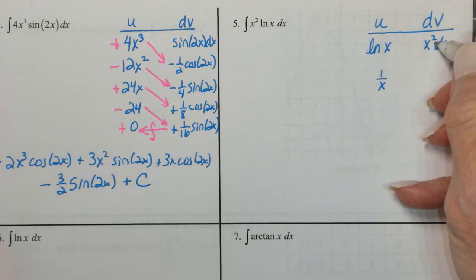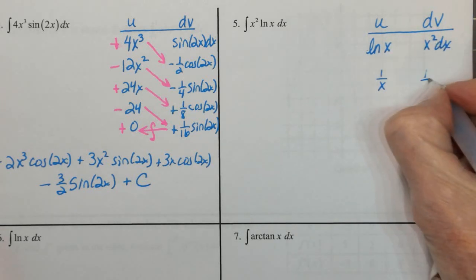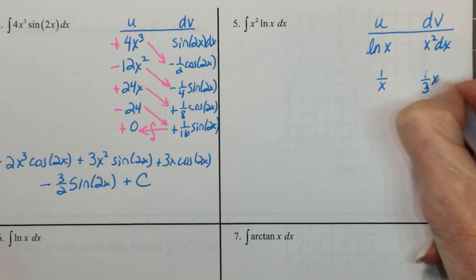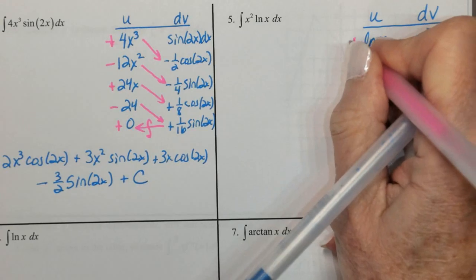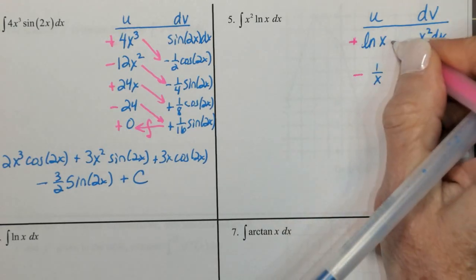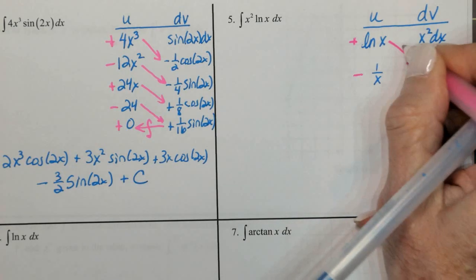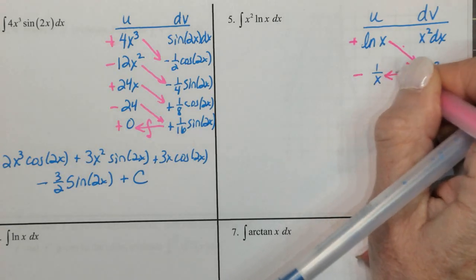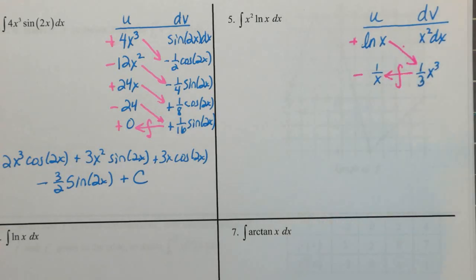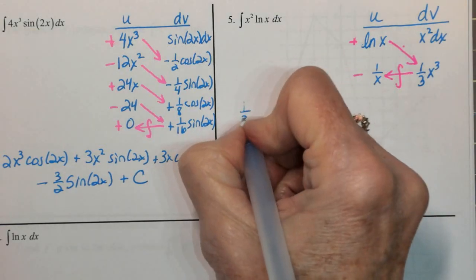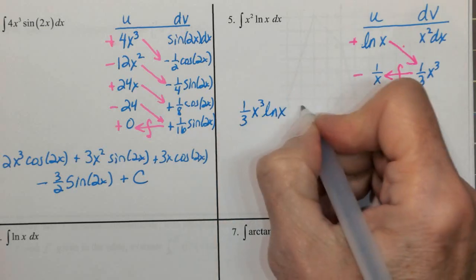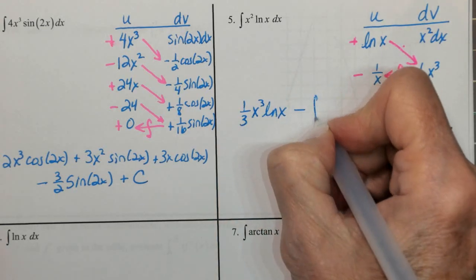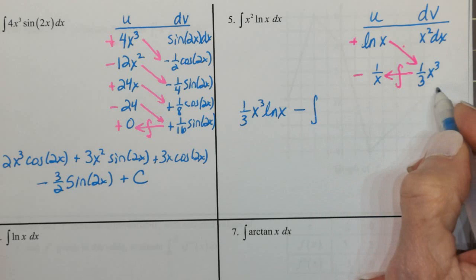I'm taking the integral of x squared. The antiderivative of x squared is 1/3 x cubed. Plus, minus. Multiply diagonally. Integrate horizontally. This time we're going to have an integral, right? So we have 1/3 x cubed ln x minus the integral of the product.